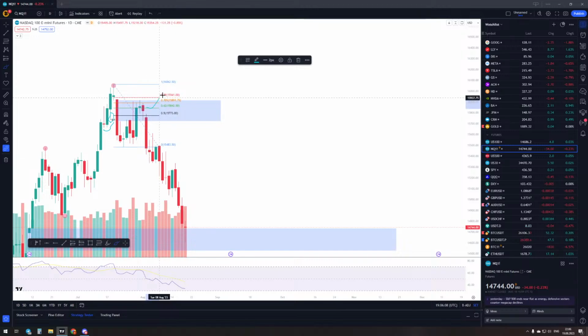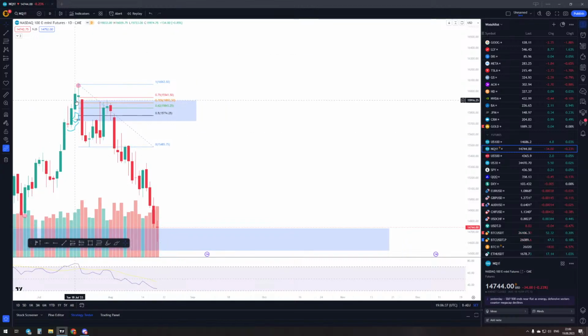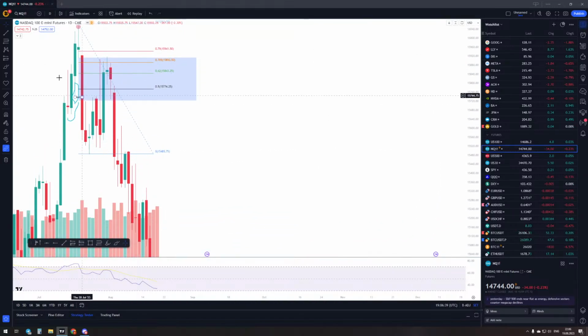I will show you an example a bit later. And as you can see, here it's perfectly bounced from the 0.7 zone, just didn't fill higher, which is this red line, and went down and fulfilled this imbalance.